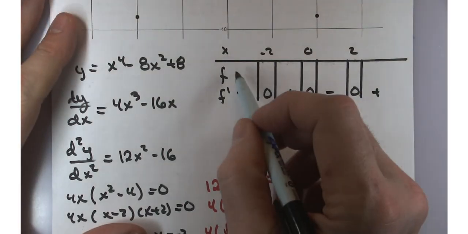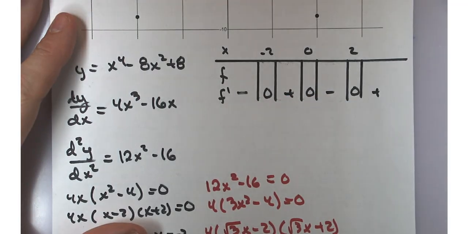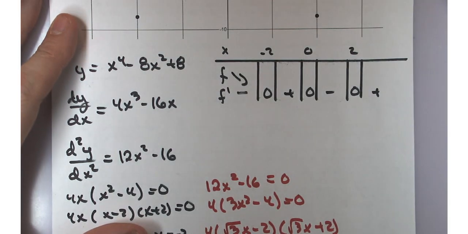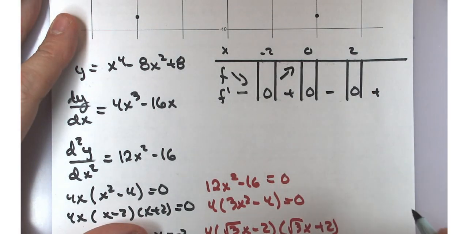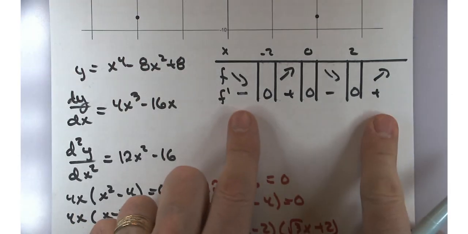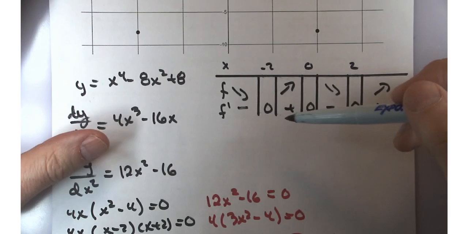What's that telling me is happening with the function to the left of negative 2? It's decreasing. And then it's increasing. And then it's decreasing, and then it's increasing. And from here, you could fill out where it's increasing and decreasing in general. We're going to graph this, so I'm not going to bother listing those kind of things here.